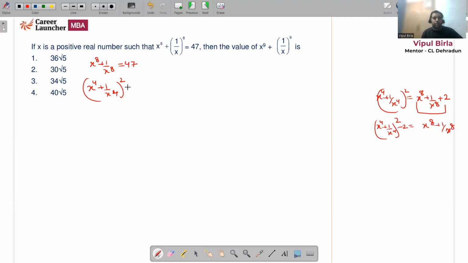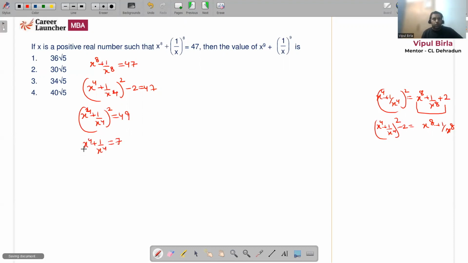So that means this can be written as minus 2 is equal to 47, which gives me x to the power 4 plus 1 upon x to the power 4, whole square, is 49, or x to the power 4 plus 1 upon x to the power 4 is 7, because x is a positive real number.